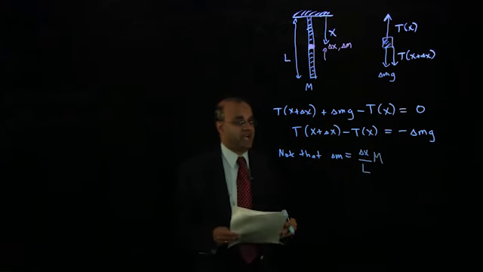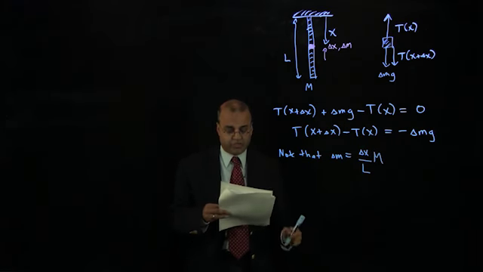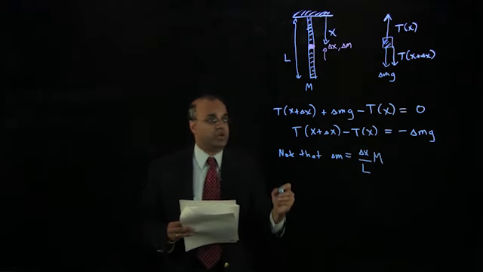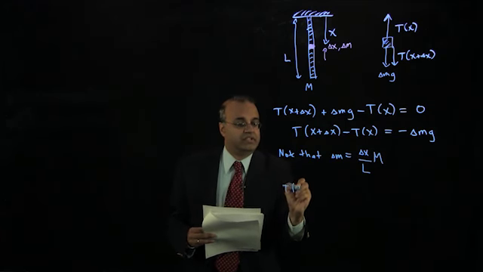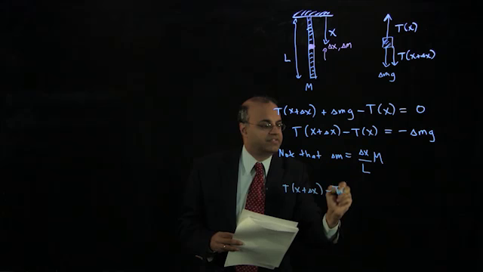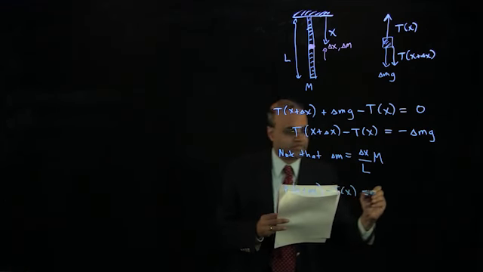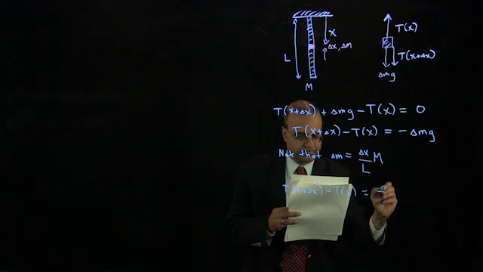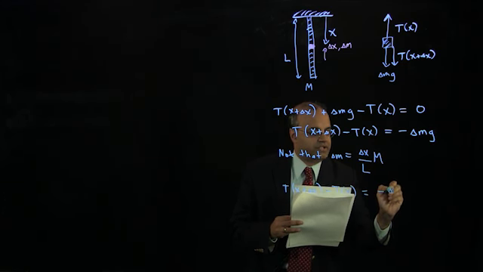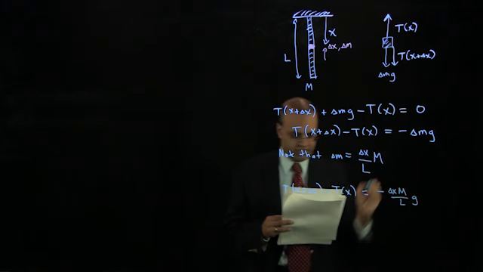So that is my mass delta m in terms of the length. So now I can rewrite this equation as T of x plus delta x minus T of x is equal to minus delta x m over L times g.